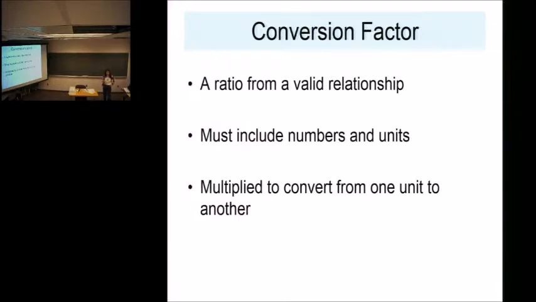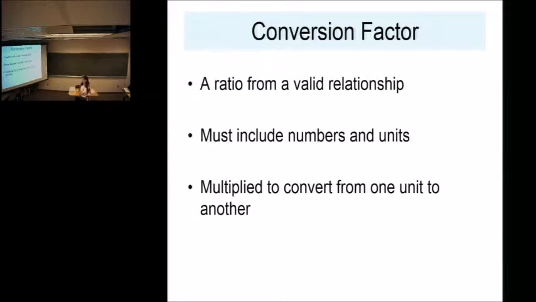So let's talk about dimensional analysis. What is dimensional analysis? It's the ability to convert between one unit and another. And what are we going to use? We're going to use what's called a conversion factor. So you have one unit and you have the other. How are we going to relate the two together? Conversion factor. All right, so let's talk about what a conversion factor is. You have to be able to generate these necessary conversion factors.